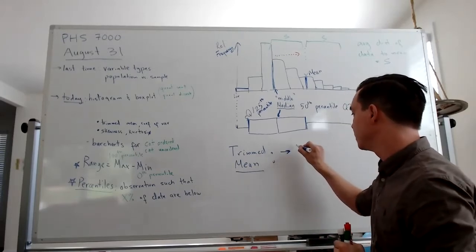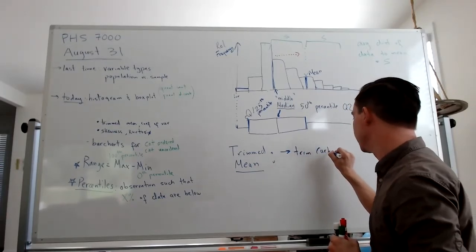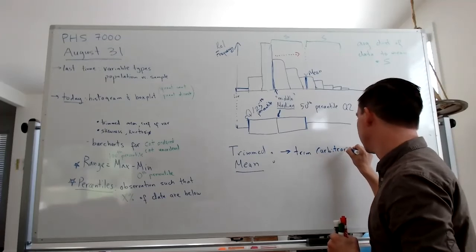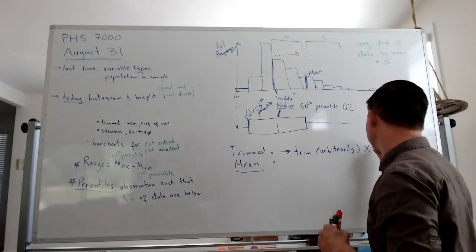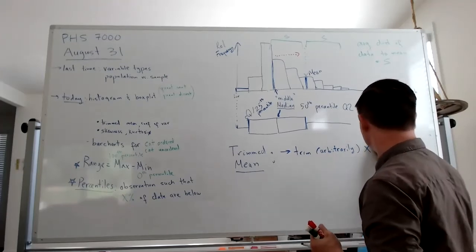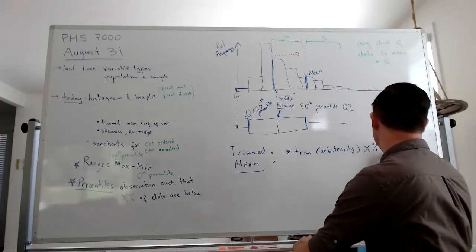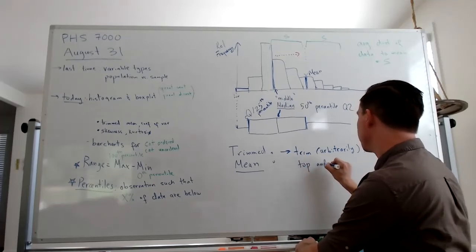So we say trim, arbitrarily, that's the key, X% from top and bottom of the distribution.